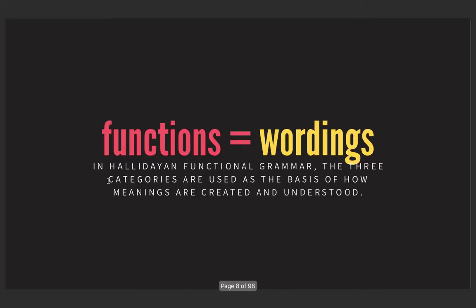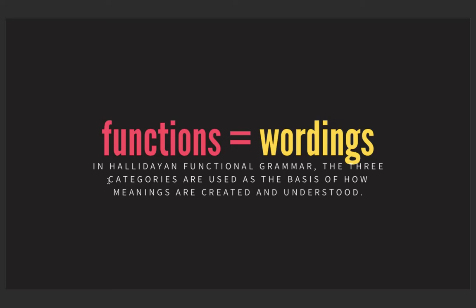the content. So, in Halliday and functional grammar, the three categories are used as the basis of how meanings are created and understood. It means to say that they allow the matching of particular types of functions and of meanings with particular patterns of wordings to an extent that other categorizations generally do not.